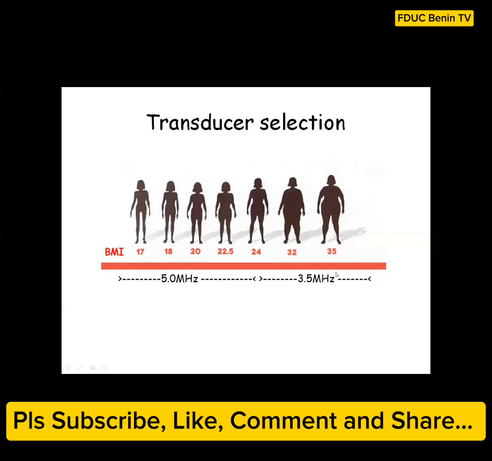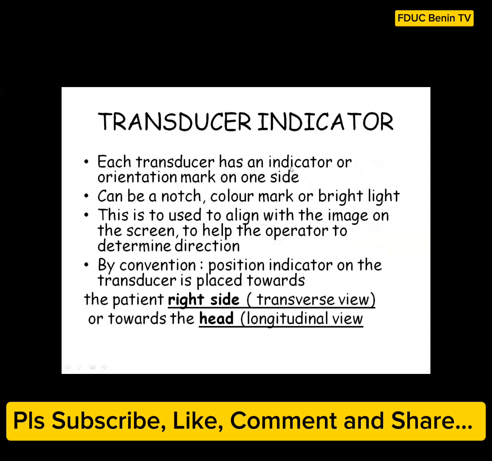But if you have a patient that is obese, you can reduce the frequency to as low as 3.5 or 2.5. So always use your transducer selection knob to adjust the probe frequency depending on the habitus of your patient.